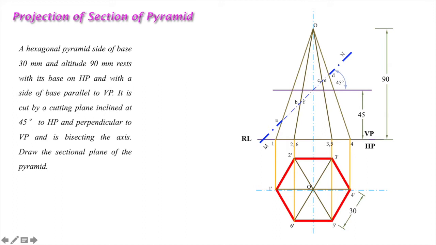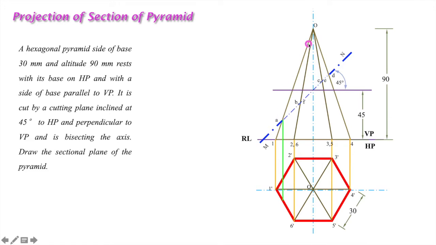Now we have to get the cutting points. To get the cutting points, draw the projection line from A. This will intersect the 1 dash O dash line at a particular point. So that is the cutting point.